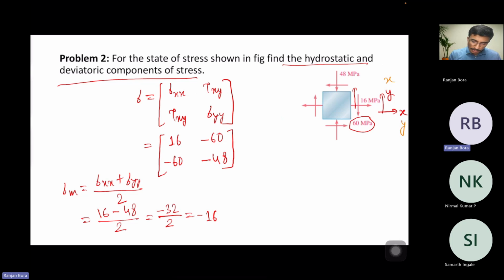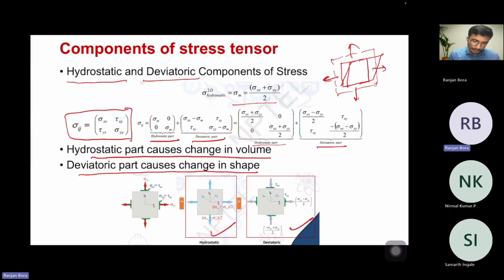So the hydrostatic component is minus 16, 0, 0, minus 16. Okay, because it is sigma m, 0, 0, sigma m.